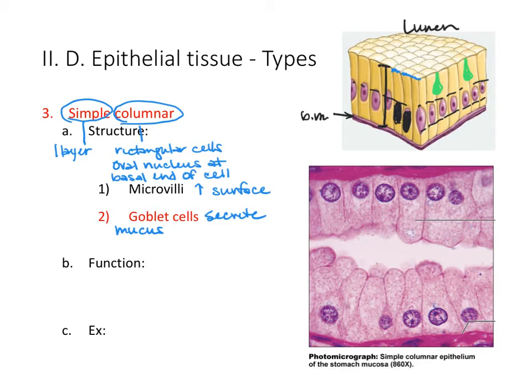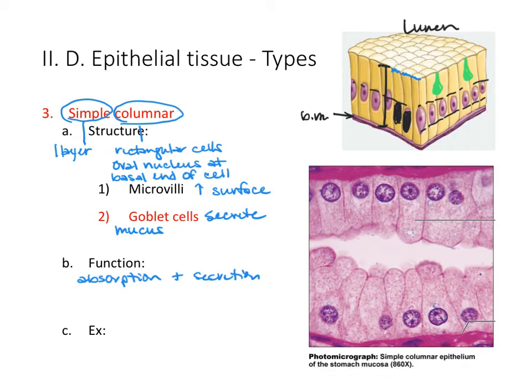So these cells are also going to be involved in absorption and secretion, and you might imagine that we'd be able to do it even better because we have even more cytoplasm than we do when we're looking at simple cuboidal.